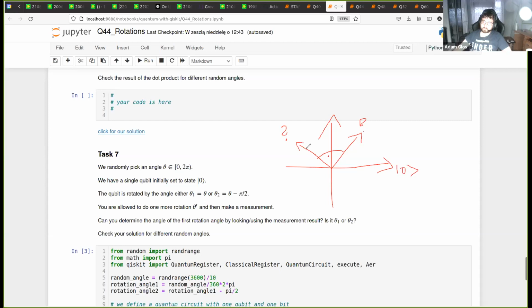The question is whether you can do this with a single measurement result. You know this theta, you just don't know which of these θ1, θ2 was chosen. So the question is, with an appropriate rotation θ prime, can you make a single measurement which will clearly tell you which of θ1 and θ2 was used?